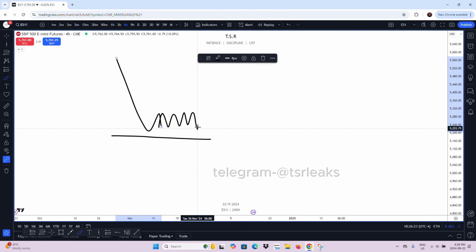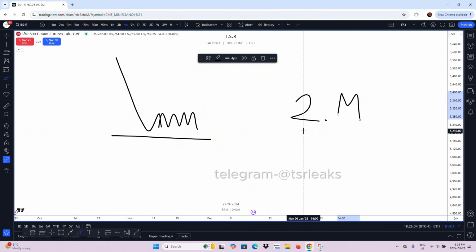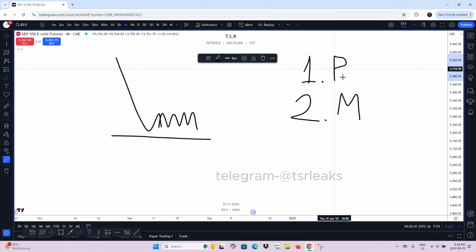Here's the answer. There is only two possibilities. A manipulation event into the key level, or sorry, that is option number 2. Option number 1, of course, is a retracement. All right, so we have a potential manipulation. How does a manipulation look like?